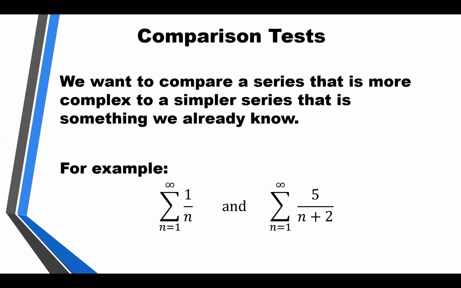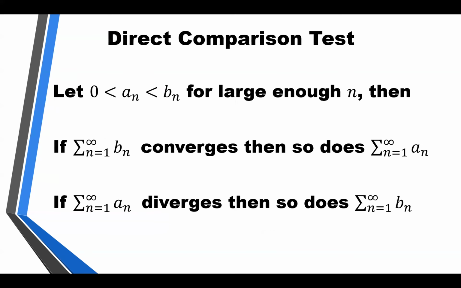So the case there is like an infinite sum of 1 over n compared to an infinite sum of 5 over n plus 2. We have a constant term in the numerator, and our denominator in both cases is linear. So we would expect that we can compare these two in certain ways. And in fact, we can.